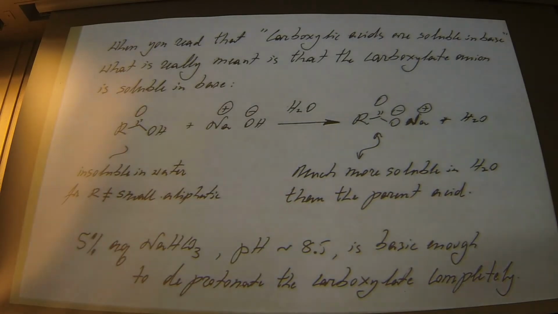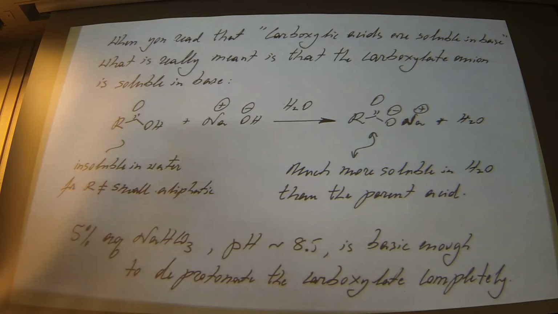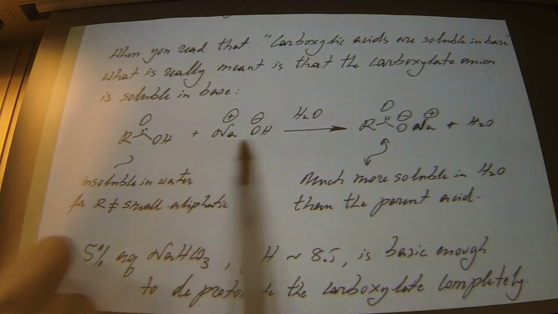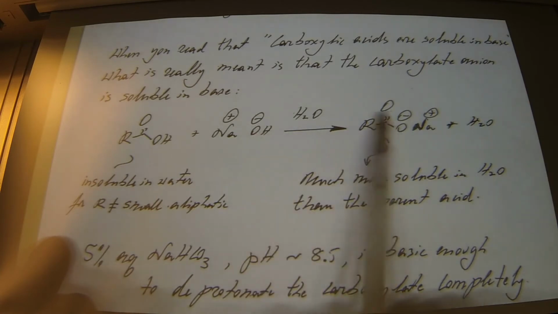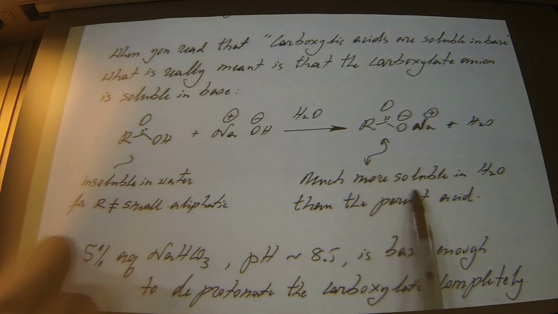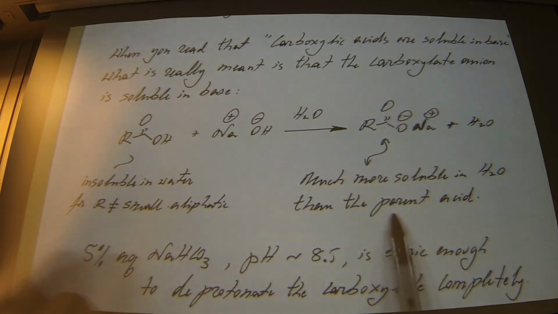But once you start making that chain longer and longer and longer, then the whole molecule looks less and less like a carboxylic acid and more like a hydrocarbon. And so hydrocarbons don't dissolve in water. But if you pull off the proton here with a strong base, like hydroxide, then you make the sodium carboxylate, this salt. This is much more soluble than the parent acid.